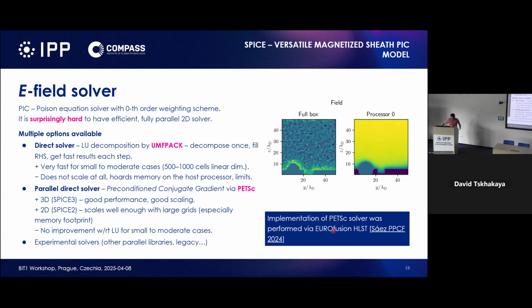And again, with the help of BSC, we got this to work. We have a few experimental solvers, which I will not mention, but you can see how the field looks if this ragged sphere is inserted into plasma.